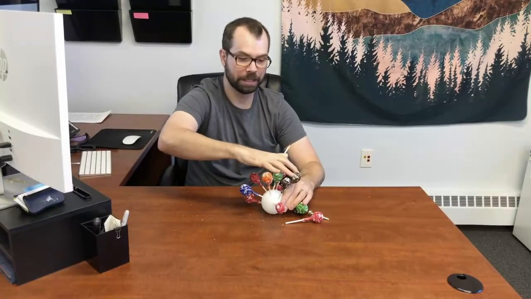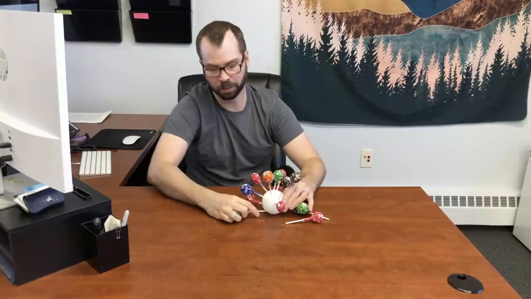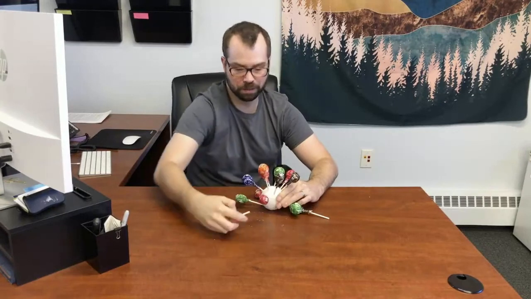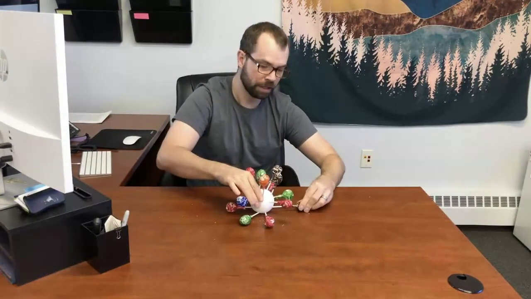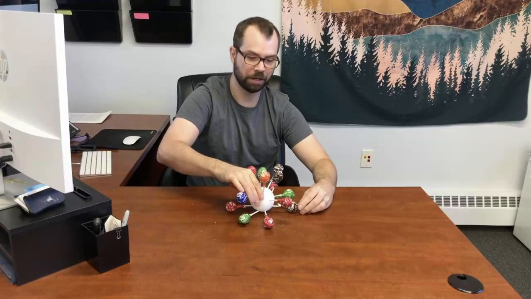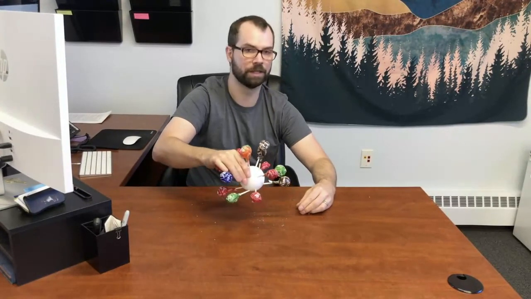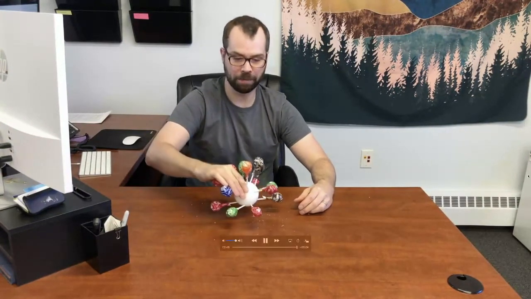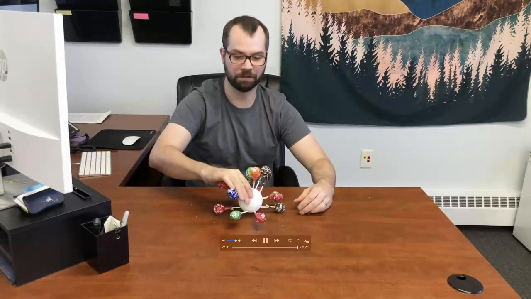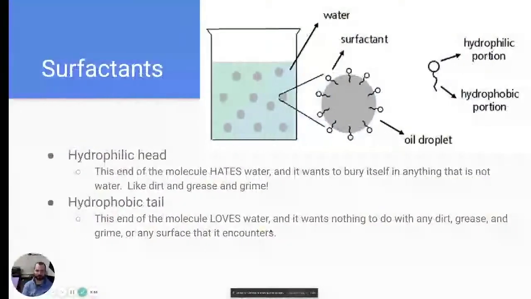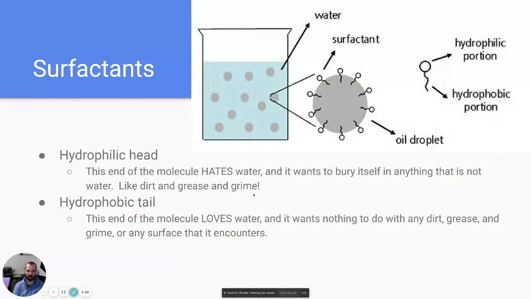And again, remember, these heads are really attracted to water. So once the piece of grease starts coming off of whatever we're cleaning, these heads attract it to the water and do the work for us and just lift that piece of grease off. So that's why we pre-soak, and that's a basic overview of how surfactants work. So hopefully that demo helps you understand how they work. It's the number one active ingredient in all of our cleaning products.